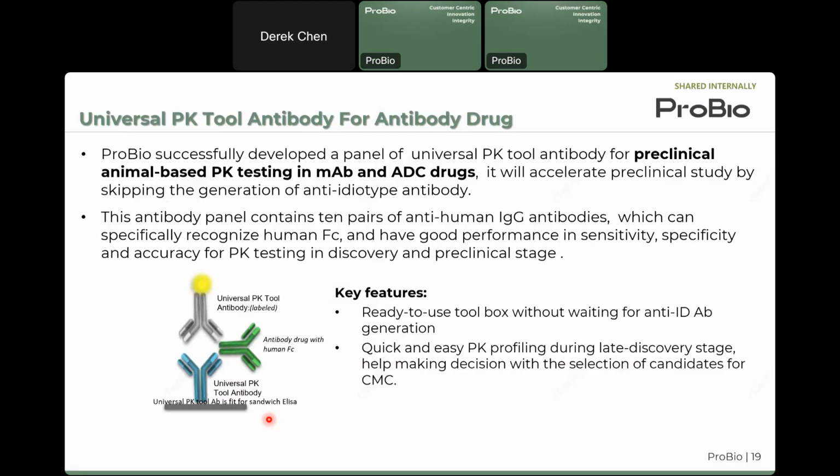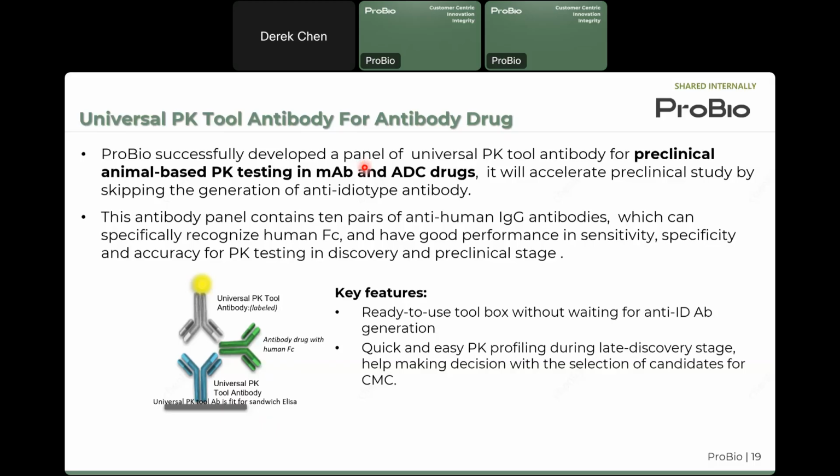Moreover, if you want to run a preliminary PK study at the discovery stage, it is impossible to generate anti-ID antibodies since you need the tox batch from the CMC stage as the immunogen to generate the anti-ID antibody.